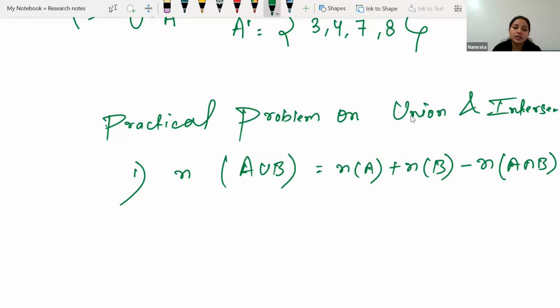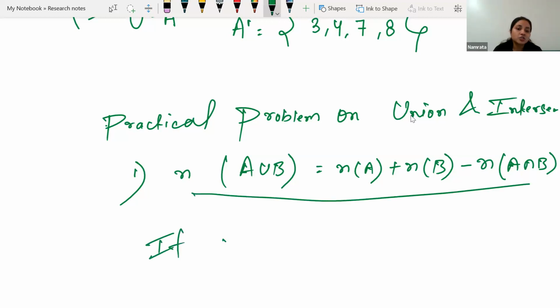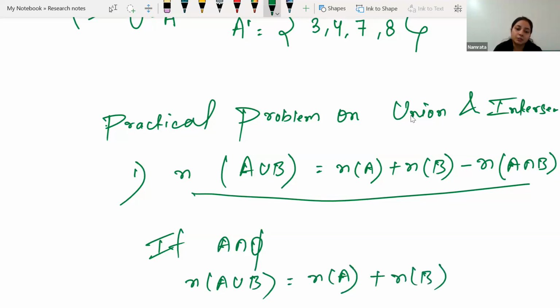If that is not the case, then we use this rule. And if A intersection B is phi, then the same rule converts into: A union B is the number of elements in set A plus the number of elements in set B. What is the meaning of A intersection B equals phi? That means nothing is common.